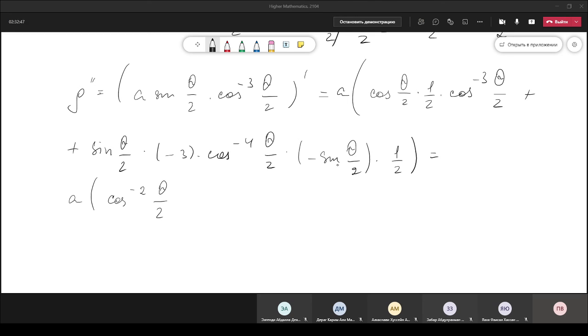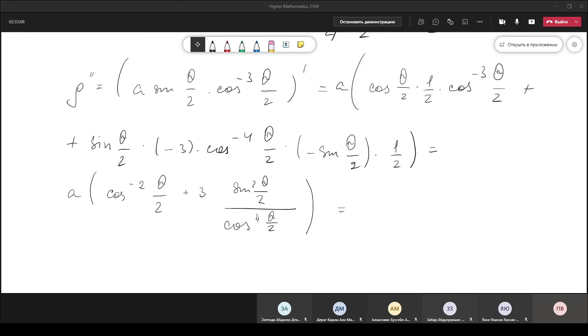Then minus and minus give us plus 3. Sine times sine is sine squared over. Good.